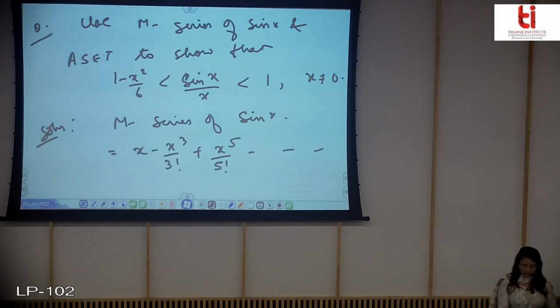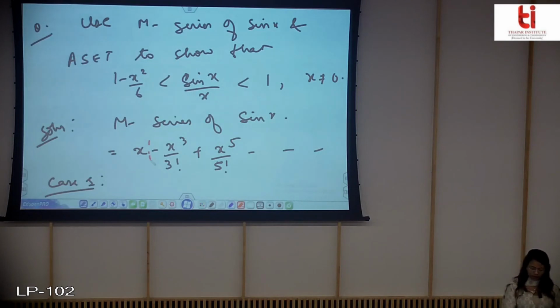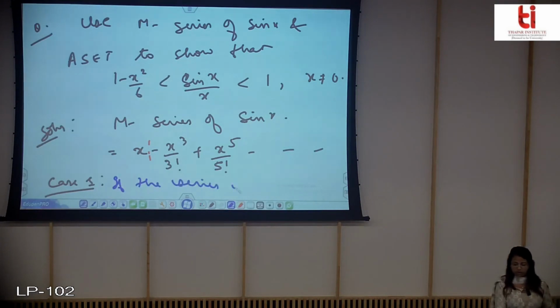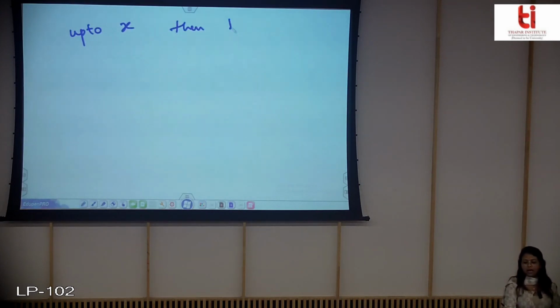Now in the first case, if you consider only this x, that is, if the series is approximated up to x, then by applying the alternating series estimation theorem, what do we get?